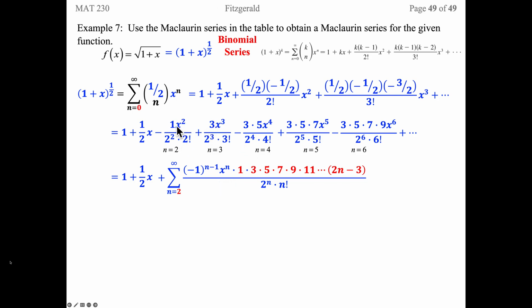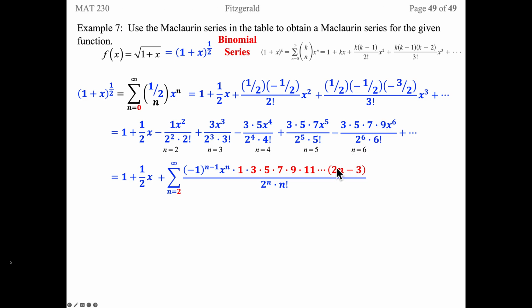All right, and then I'm going to have this 1 times the 3. Now there's a 1 that I could put here. That 1 can be here, here, here. So in red, the 1, 3, 5, 7, 9, 11, so on and so on and so forth, out to 2n minus 3. So again, remember, this is when n was 6, and we needed a 9.